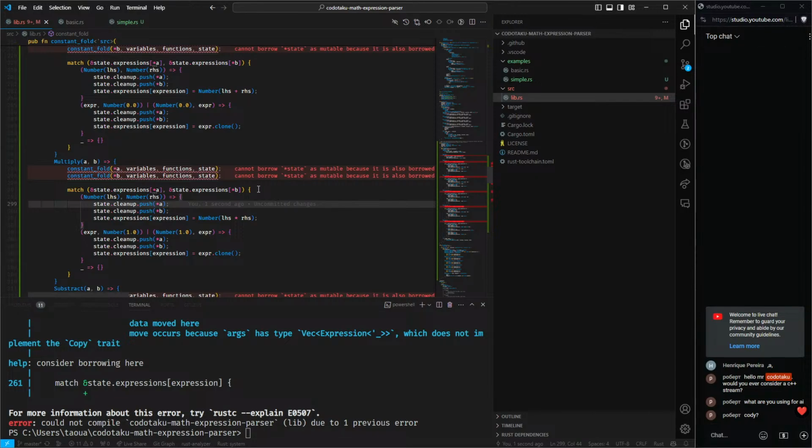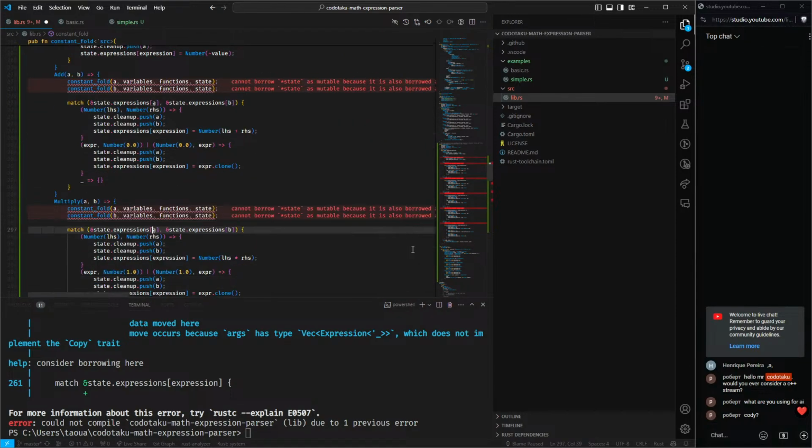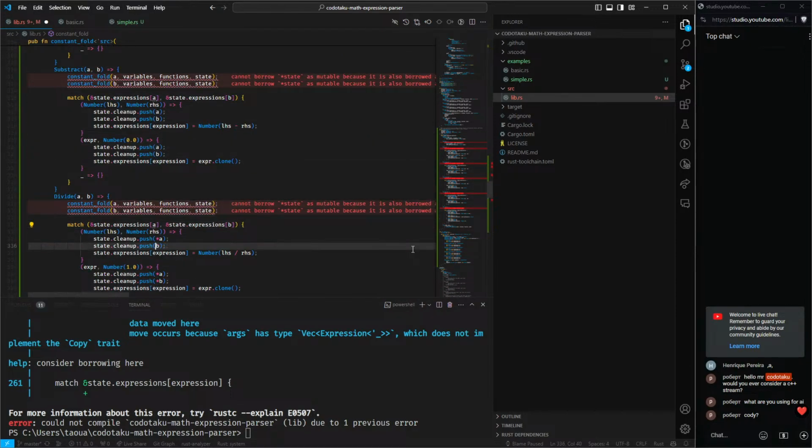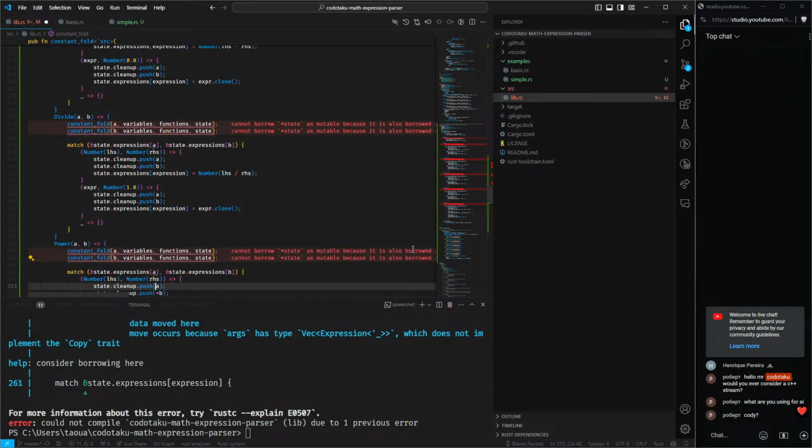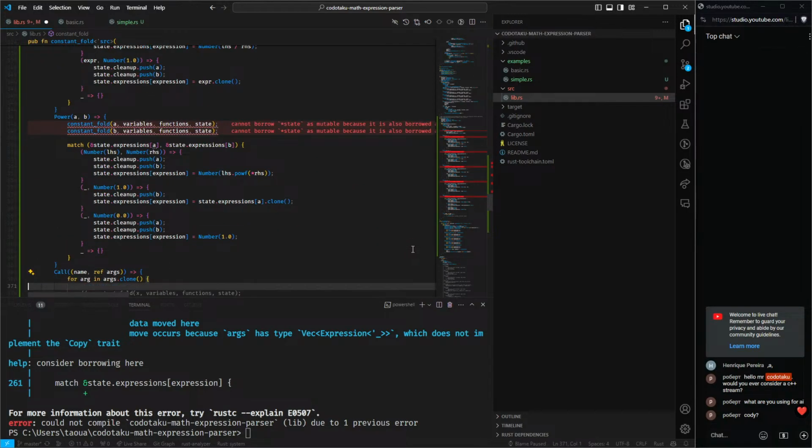This never ends? Cannot borrow state as immutable. Oh crap, never mind. Oh, this sucks. Okay.